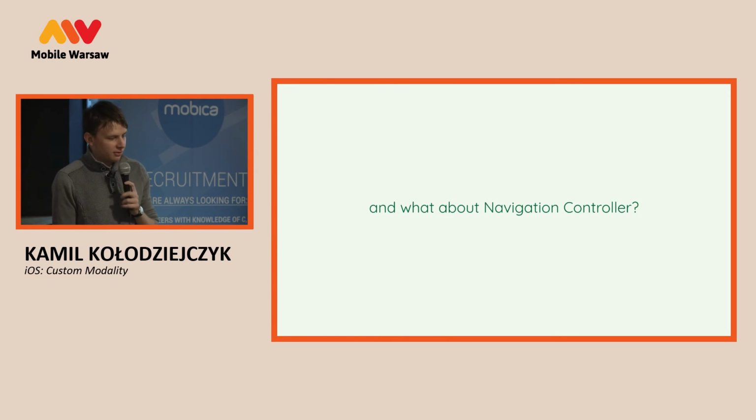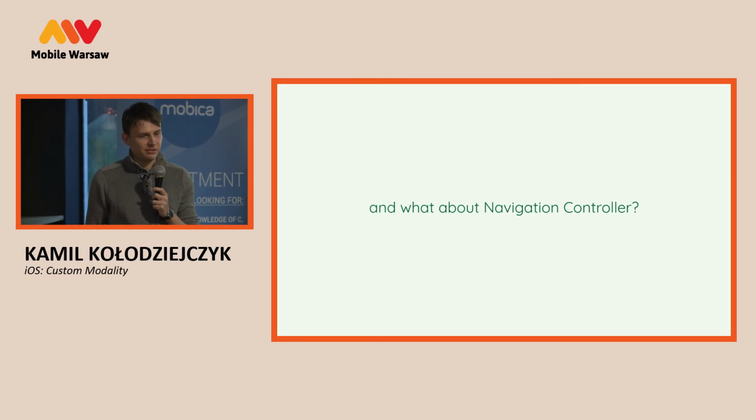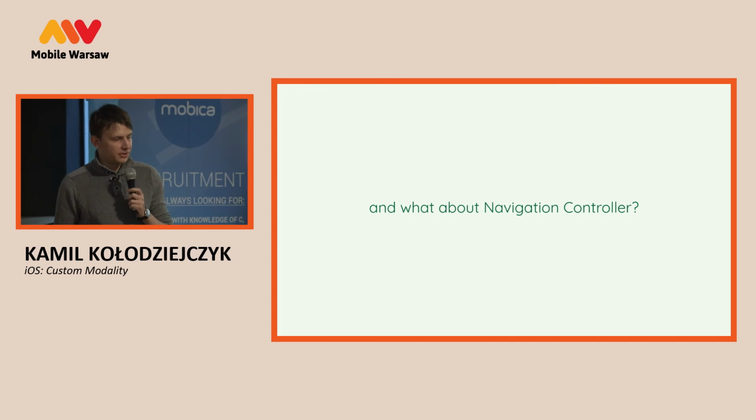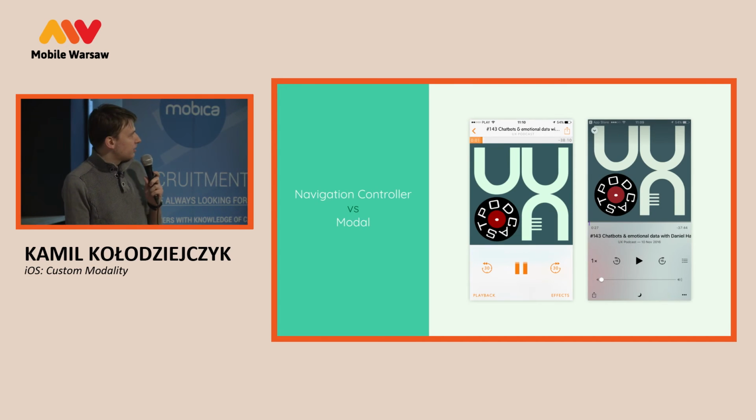And what about the navigation controller? So sometimes a feature can be done both in a navigation controller or a model view. And the difference between those two is very subtle. Luckily, I was able to find some examples from podcast applications. On the left, we have Overcast that decided to use a navigation controller for the player.